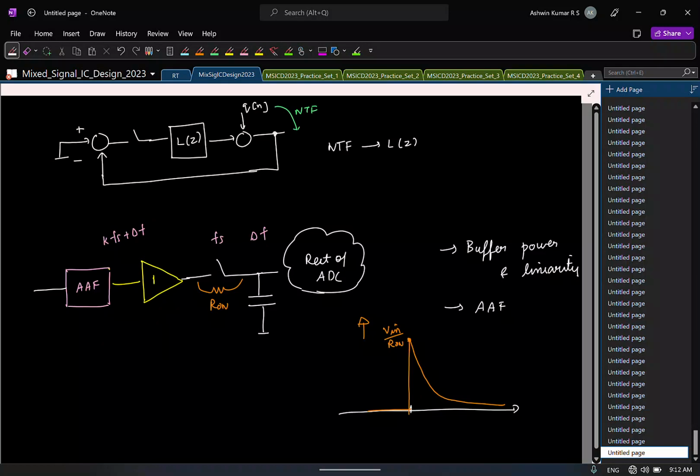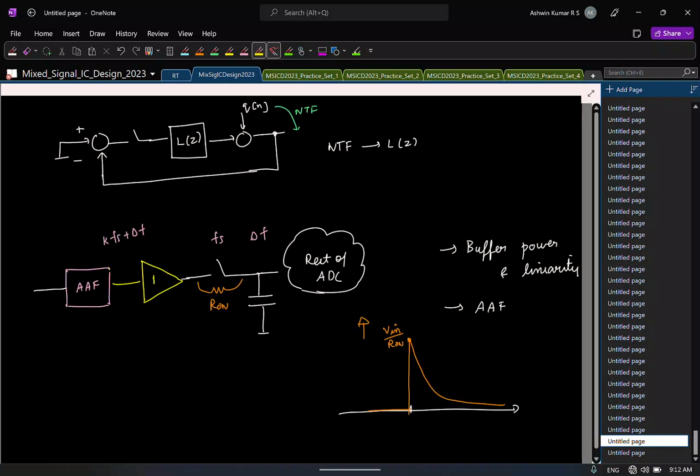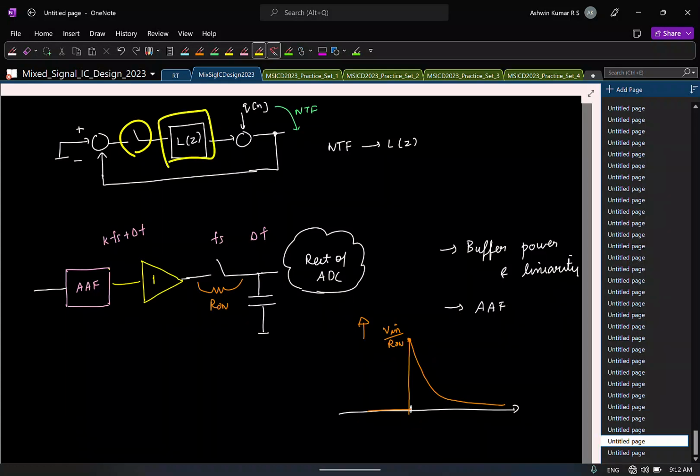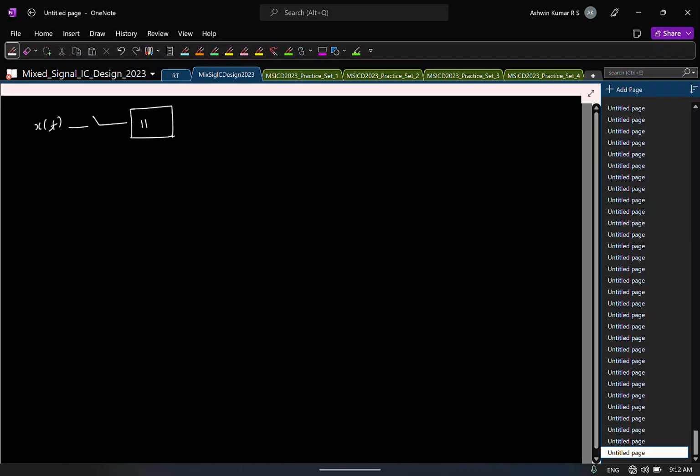So this prompted people to see if something can be done, and what that something is this. Right now what we are doing is this, right? So in delta sigma at least we sample it, and then we have the filtering. Let me write it like this. We have some x of t which is first sampled, and then let us say we have a discrete time filter H of z, and that gives y of n.